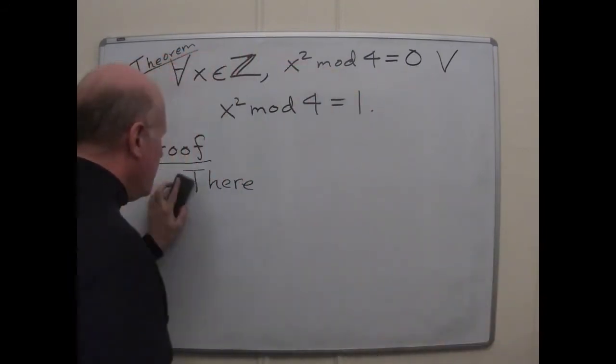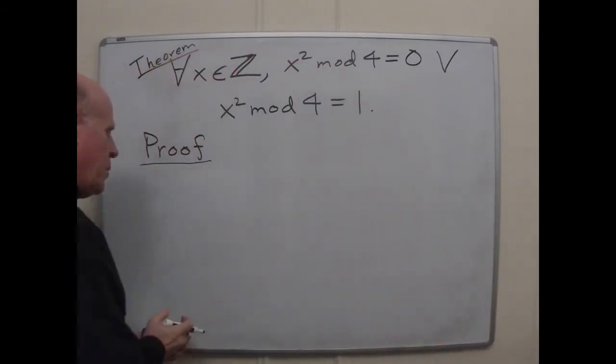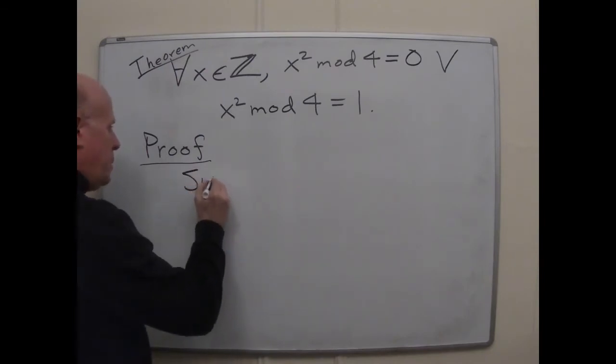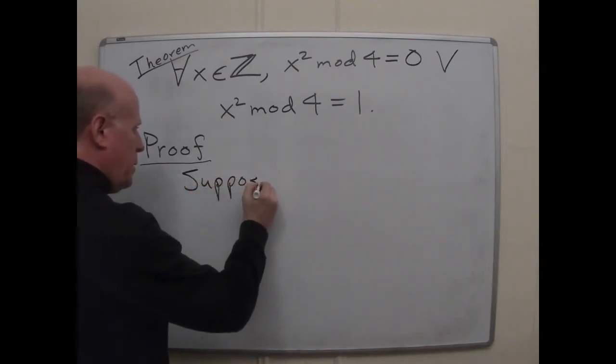Sorry, sort of to jump the gun a little bit there. I should start with: suppose x is a particular but arbitrary integer.